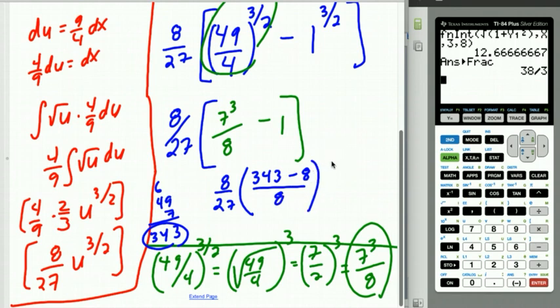So I think I get 335. And then the 8s are going to cancel. So I think I get 335 over 27. And I think that's my answer. 335 is not a multiple of 3, and 27 is only 3s if you look at how it factors. So we're going to see, but that's what I think I get as my answer.